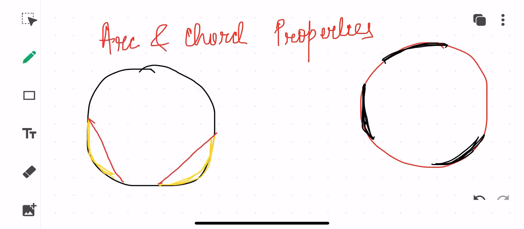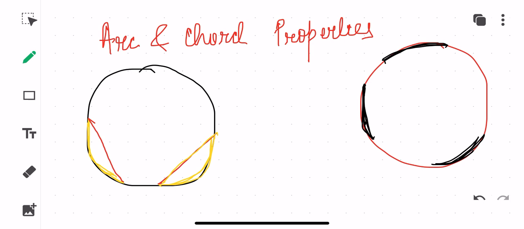If the length of the arc is the same, then the length of the particular chord will also be the same. So this is one of the important properties, children.